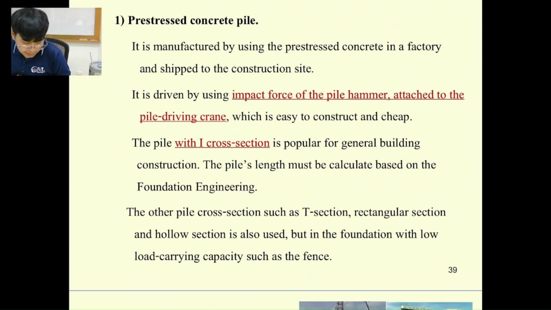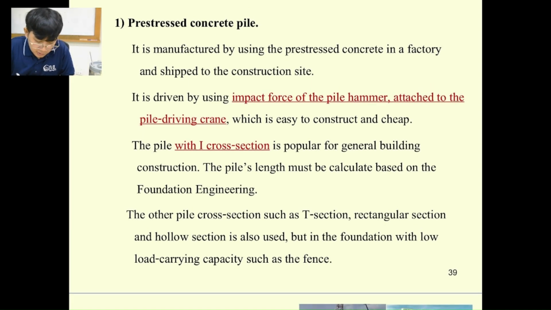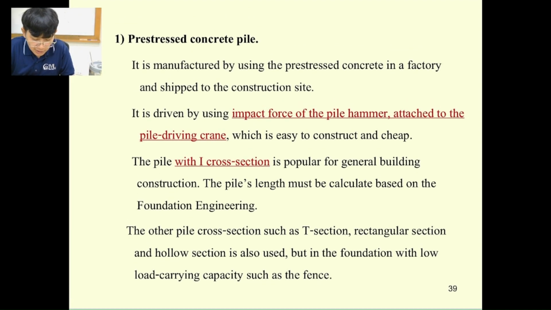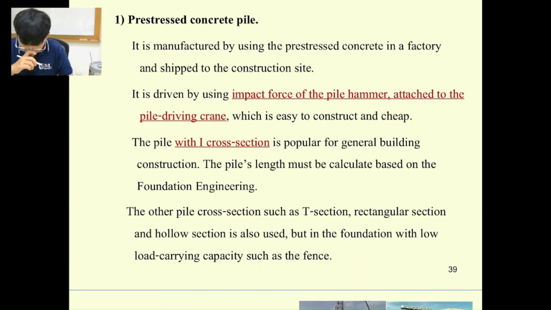So what are the differences? The precast concrete pile is a solid column shape, and we manufacture it in the factory, ship it to the site, and then we can put it into the ground rapidly compared to the bore pile.